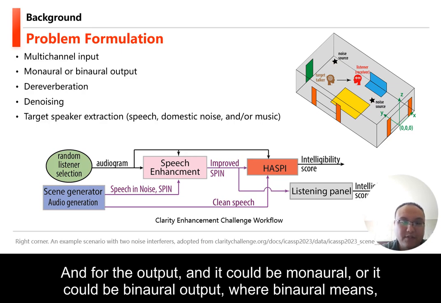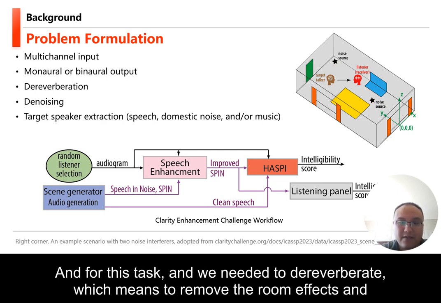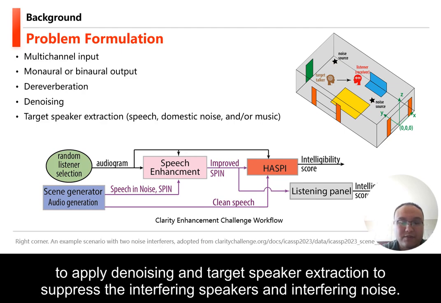And for the output, it could be mono or it could be binaural output. Binaural means it will output 2 channels, one for the left ear and another for the right ear. For this task, we need dereverberation, which means to remove the room effects, denoising, and target speaker extraction to suppress the interfering speakers and the noise.